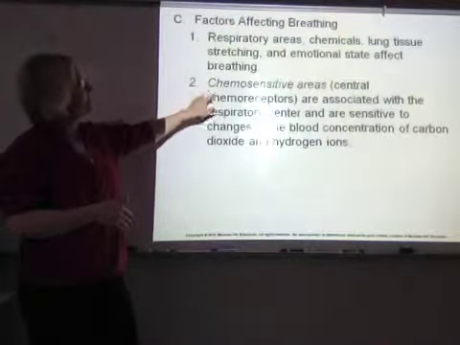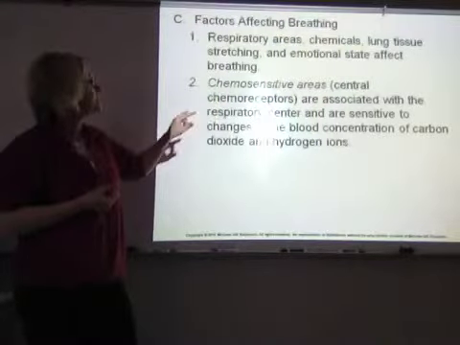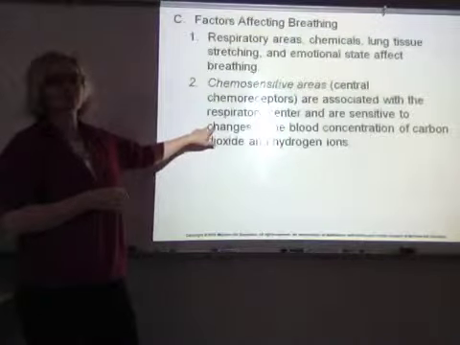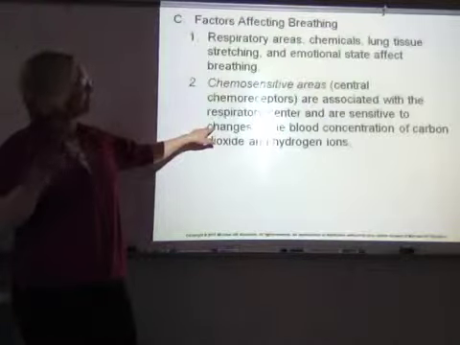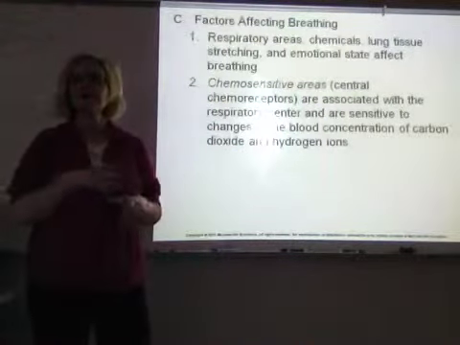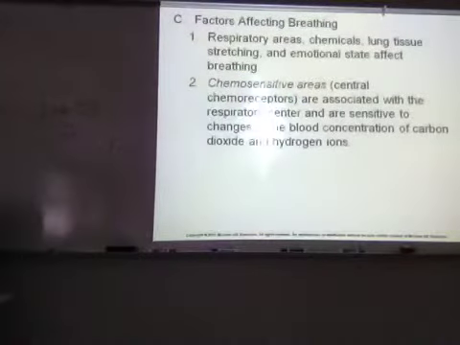Chemosensitive areas, so chemoreceptors, are going to pick up the chemicals and are associated with the respiratory center. Basically, they're going to measure the level of carbon dioxide and the level of hydrogen ions in your lungs. Carbon dioxide is probably the main one.